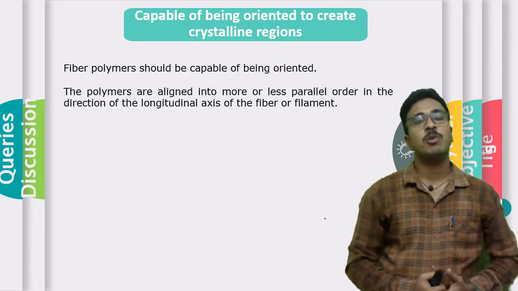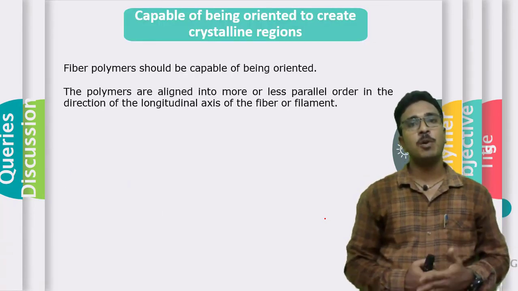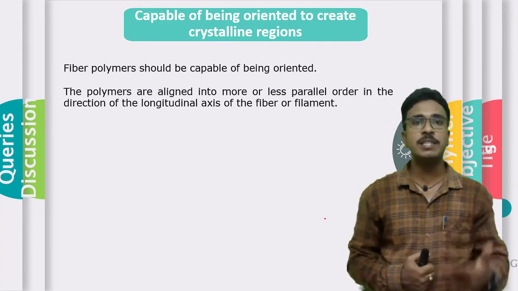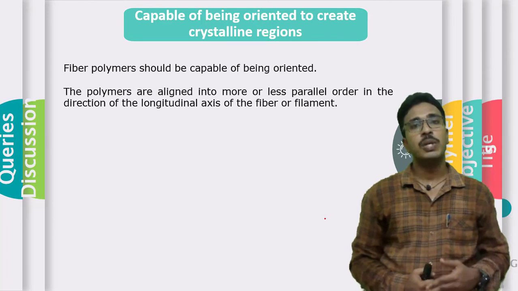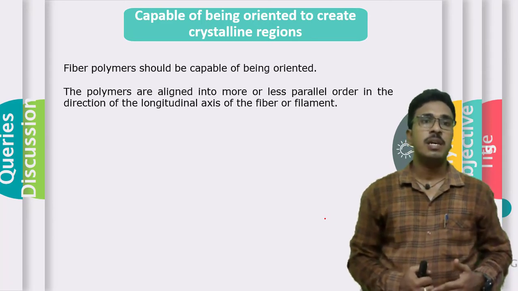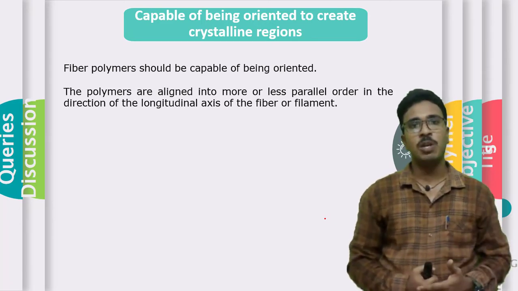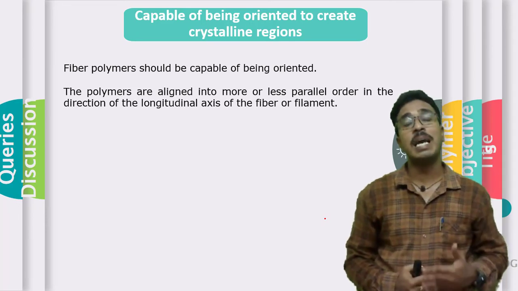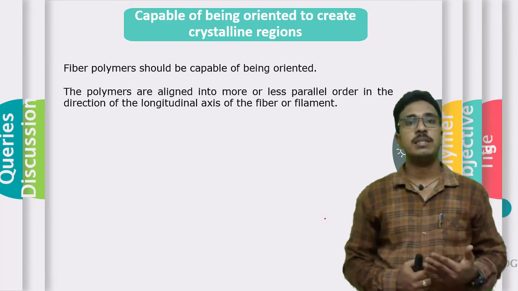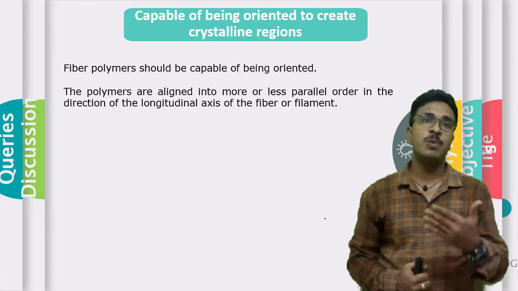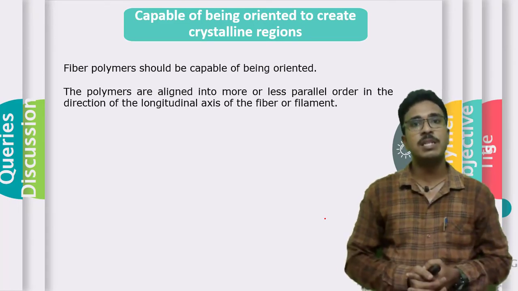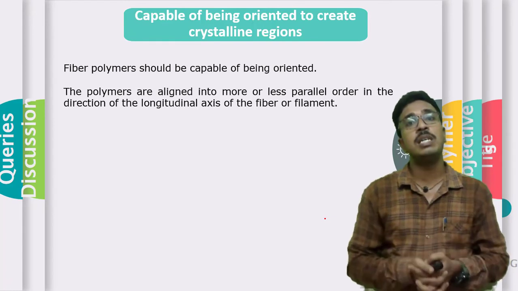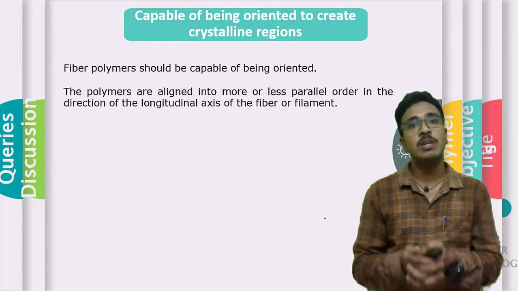The next important property is the ability of a polymeric system to orient itself to create crystalline regions. Whatever fiber forming polymers we are selecting should be capable of being oriented. That means whatever molecules are inside the polymeric structure should be closely arranged, which results in a compact structure.